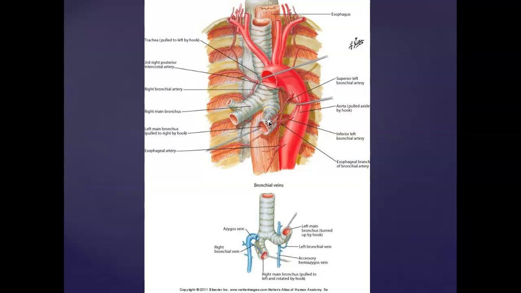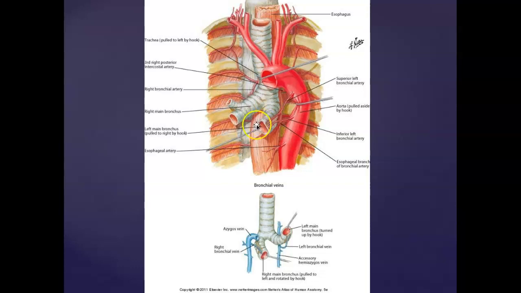Now, we've talked about the pulmonary arteries coming out of the pulmonary trunk, going to the lungs from the right ventricle as blood pumps out of the right ventricle. But those are mostly supplying the alveoli, which is where the gas exchange is actually happening within the lungs.